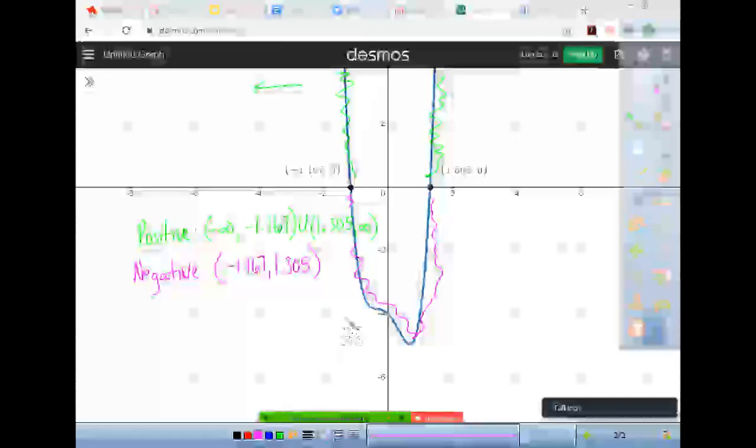And so you're just looking at what parts on the X, as far as X values go, is it above and is it below the X-axis? Any other questions, something you want me to go over about key features?